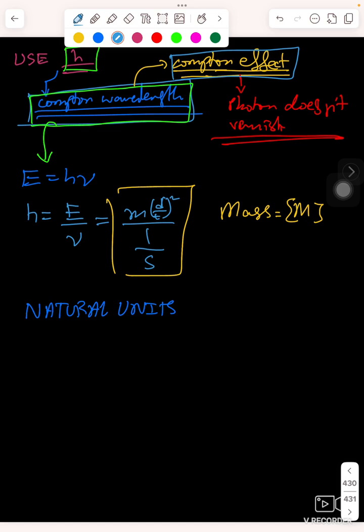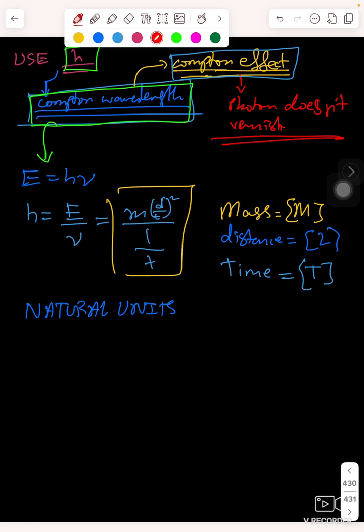Here d, which is distance, is represented as L, for length. These are natural units, and t is time, represented as T as a whole.